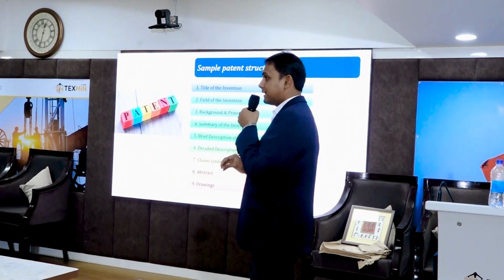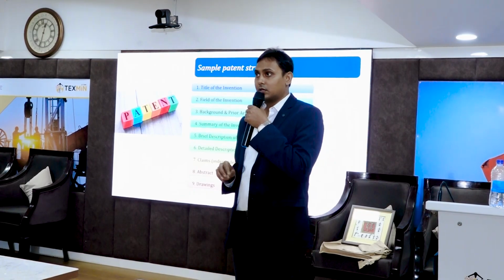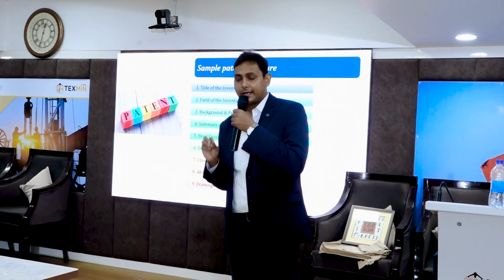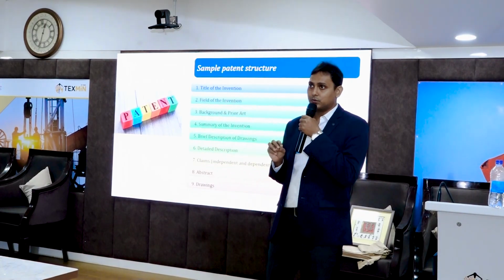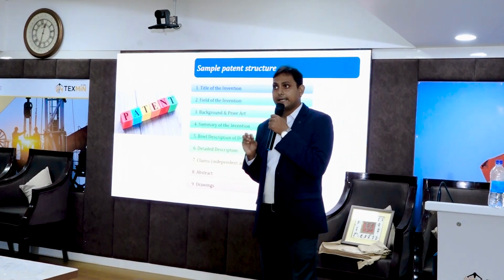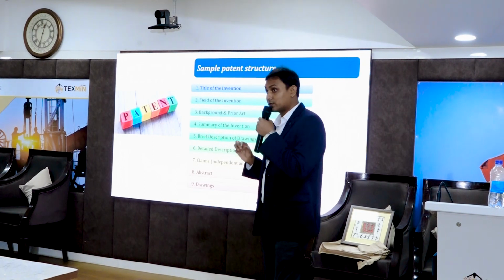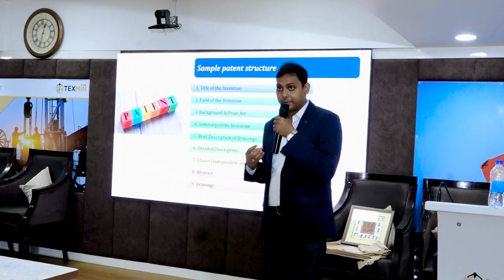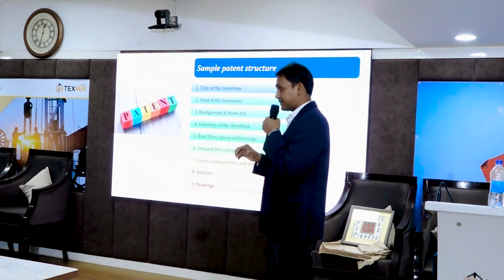After that, the background and the prior art. What does this section include? Background and prior art covers the related disclosures or published documents that are already available and related to your patent specification.